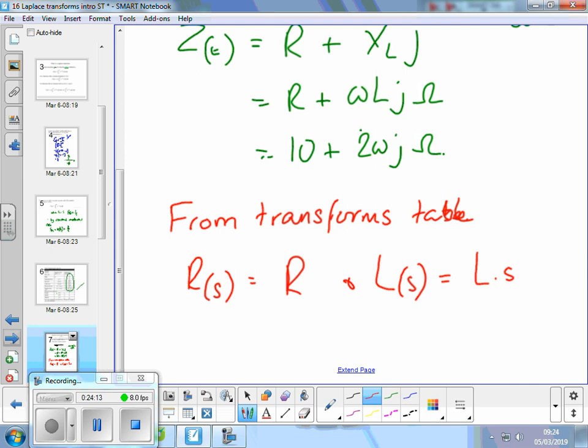The inductor in the S domain is equal to L times S.